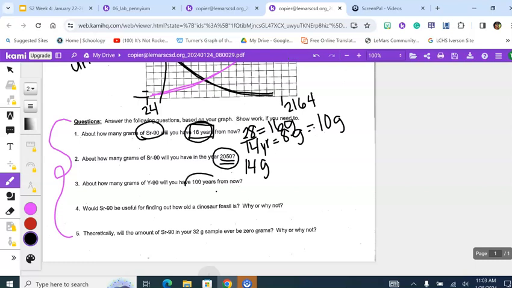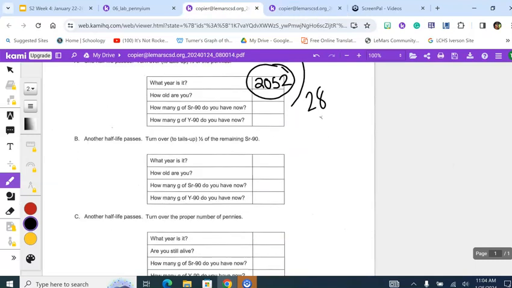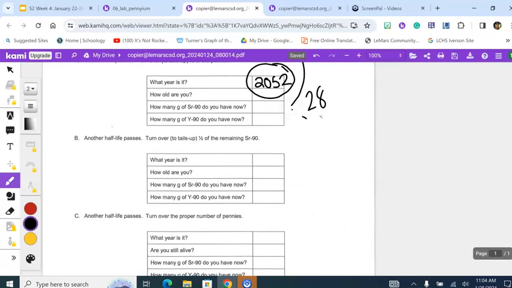Now, how many grams are going to be left 100 years from now? Well, if you look, this was 2024. 100 years from now would be about right here, which would be 2124. And how many half-lives would have passed? This is 2052. So that's one half-life.